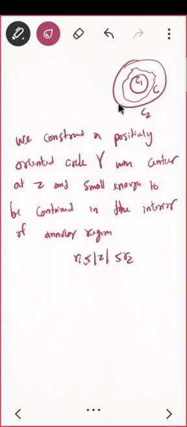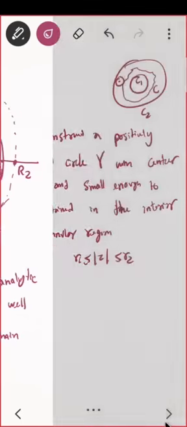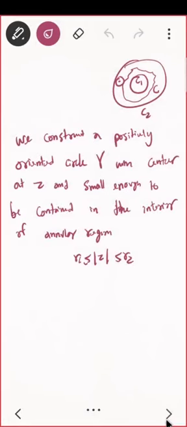That means I want to construct a circle in this annular region, with center this Z, small enough so that the whole circle lies in this annular region. I want a circle like this, where the point is Z, and in between that region I want to draw. Okay, then can I use my Cauchy-Goursat theorem?